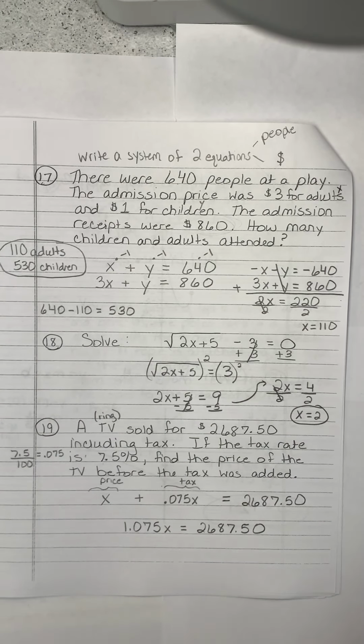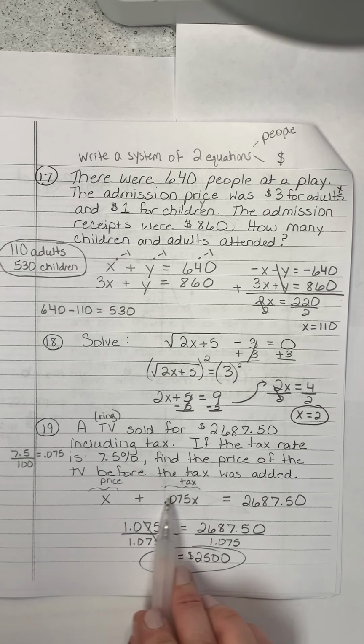Okay. Now I'm going to divide both sides by the 1.075, and I end up with $2,500. That was the price of the TV before tax. Okay, so this would be what you're dealing with.